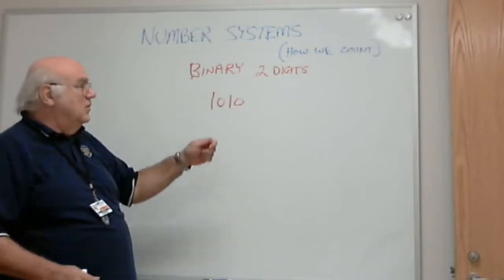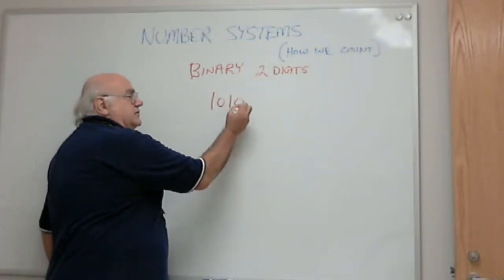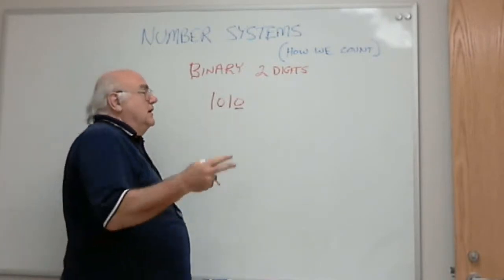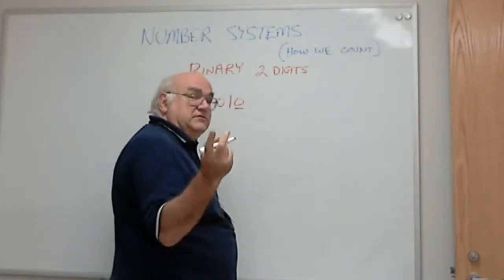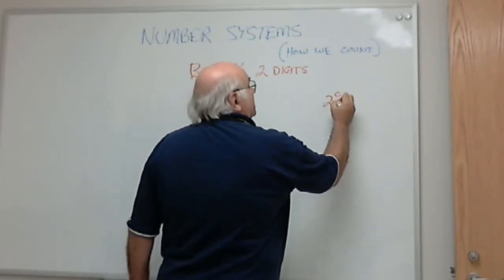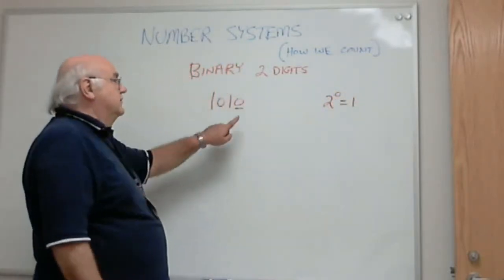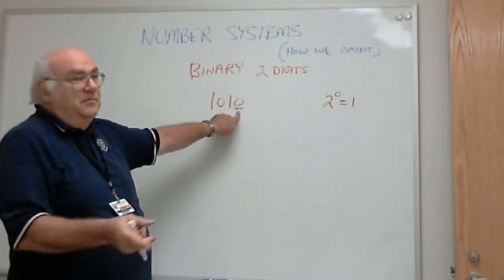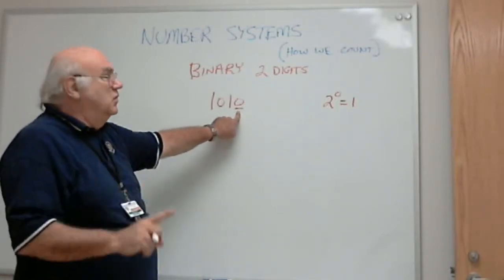Just like in decimal, we have bit positions. If we start on the far right, now remember, we only have 2 digits, so we're going to be doing base 2 instead of base 10. All the way on the right, 2 to the 0 power equals a 1. Now I know that's a 0, but the bit positional value is 1.